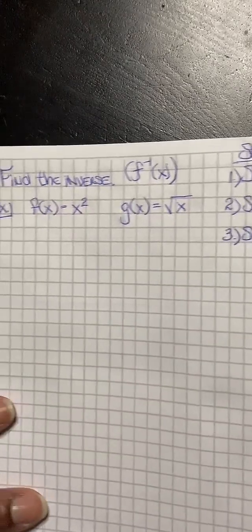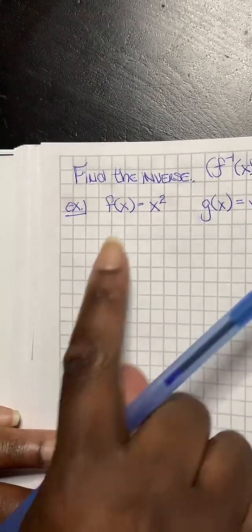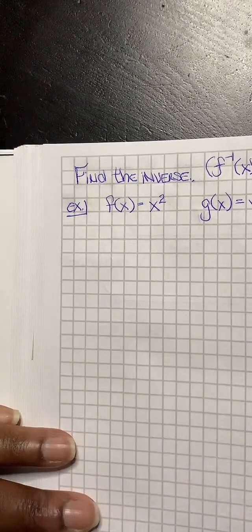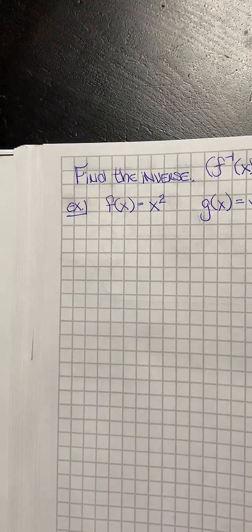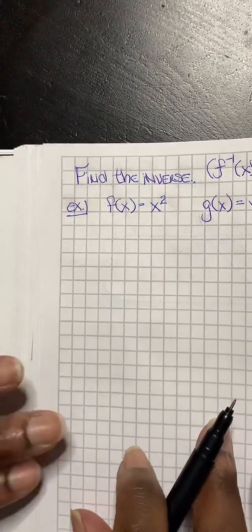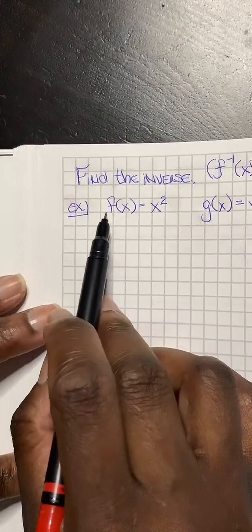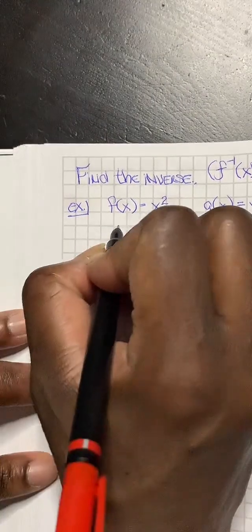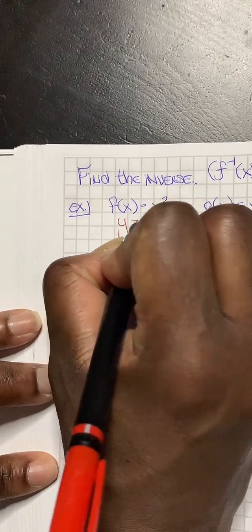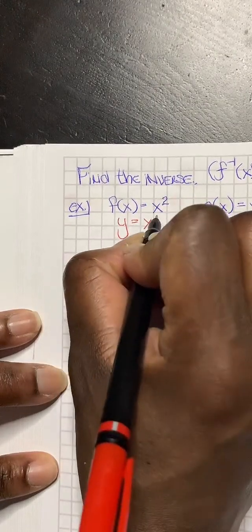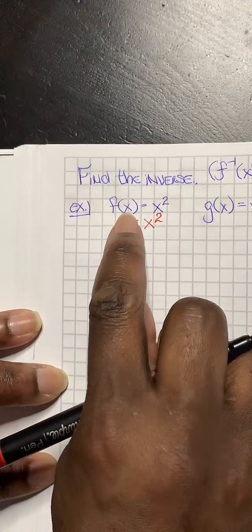All right. So now we are going to solve each of these functions. And I'm going to use different colored pens or pencils so you can follow along. Now, f of x is the same as saying y equals. f of x means function of x.